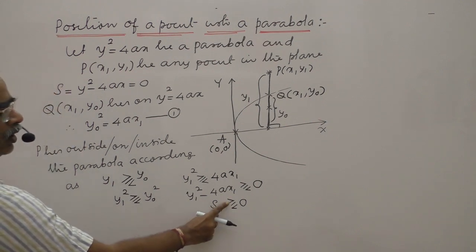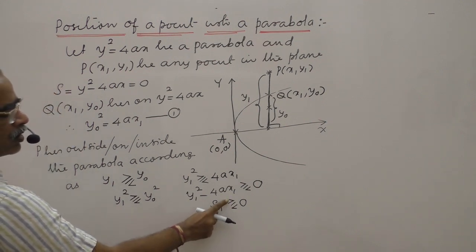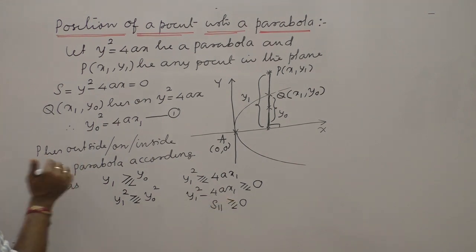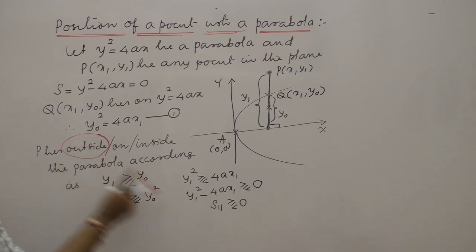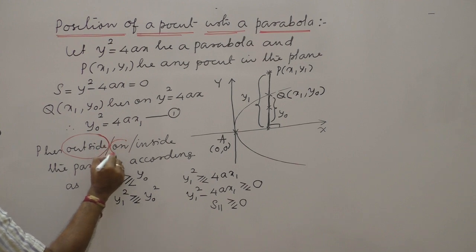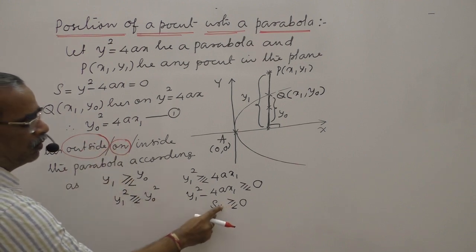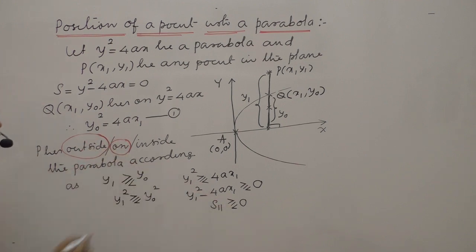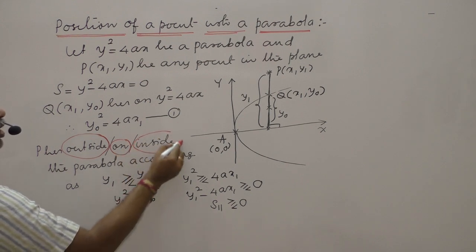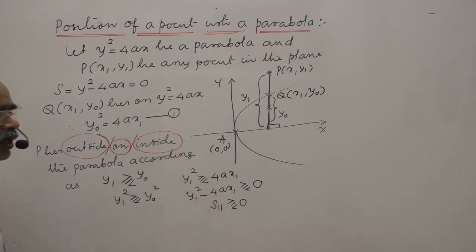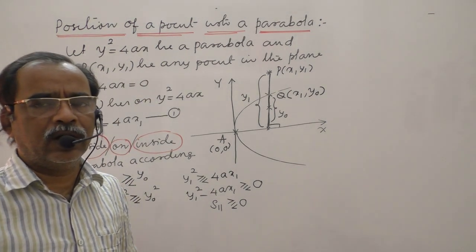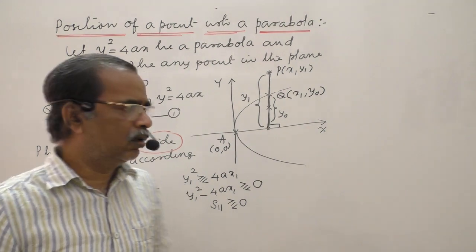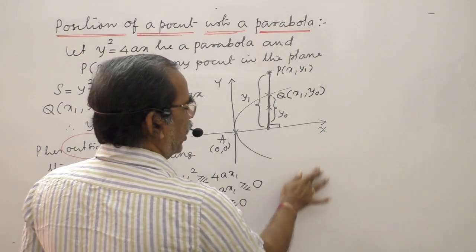So in this, the point will lie outside the parabola when S₁₁ is greater than 0. Second, the point will lie on the curve if S₁₁ is equal to 0. The point lies inside the parabola when S₁₁ is less than 0. That's all. This is the discussion of the position of a point with respect to a parabola.